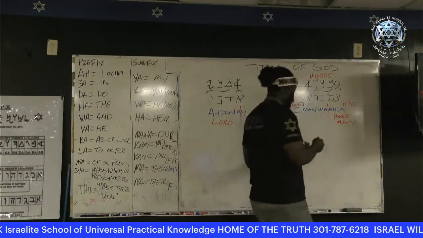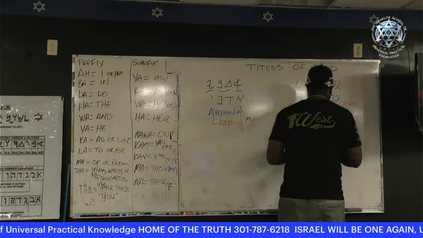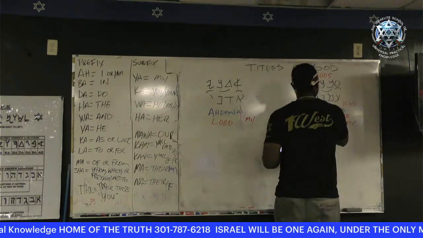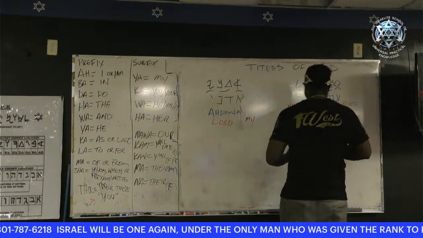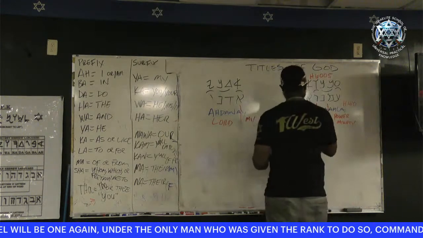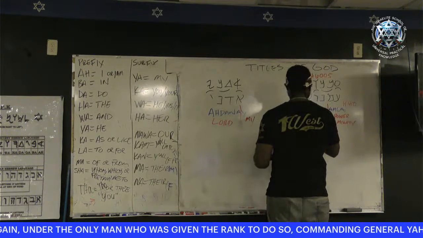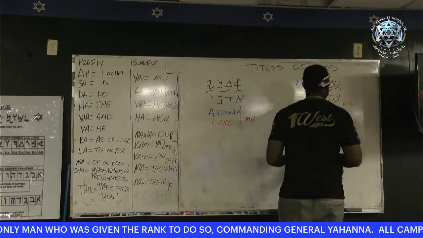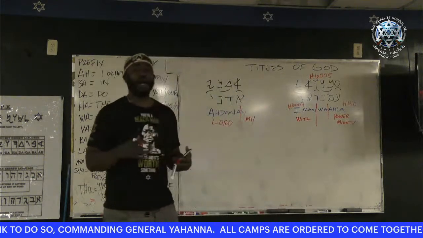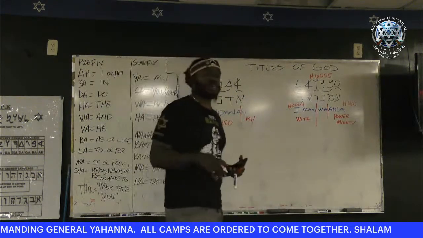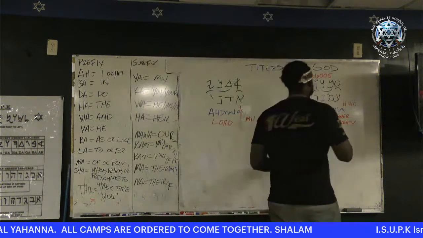This is the root word right here. This is a preposition, which means with. And the suffix makes it present tense, so with us.